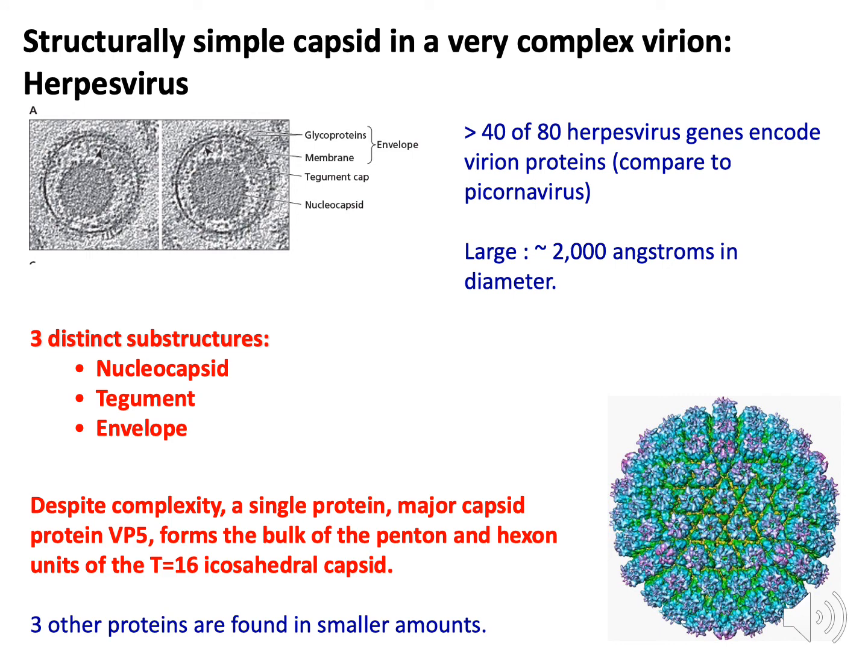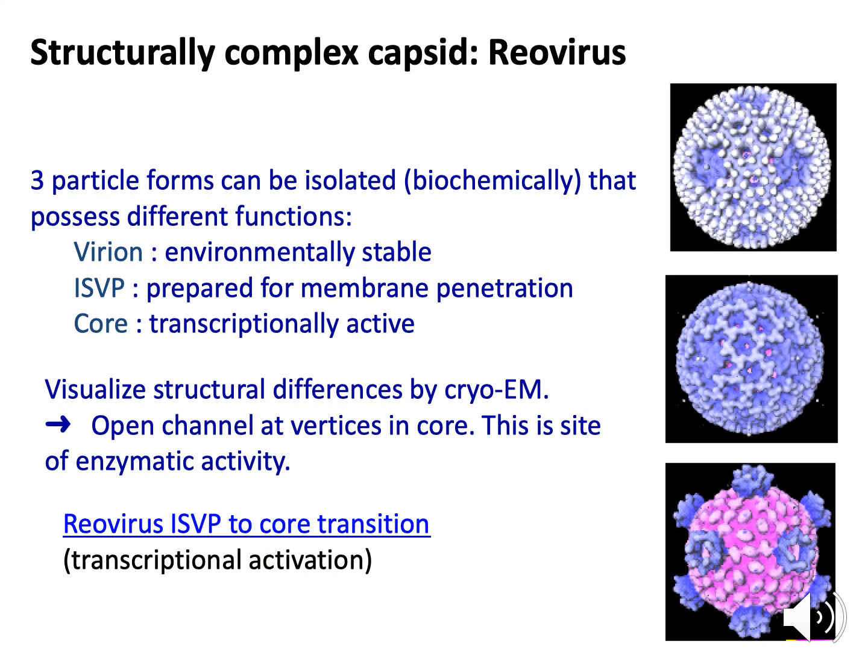Many micrographs are digitized. Okay, we're getting towards the end here. Again, this is an image of the structurally complex capsid of mammalian reoviruses. I told you earlier at the start of this structure section that three particle forms can be isolated biochemically that possess different functions.